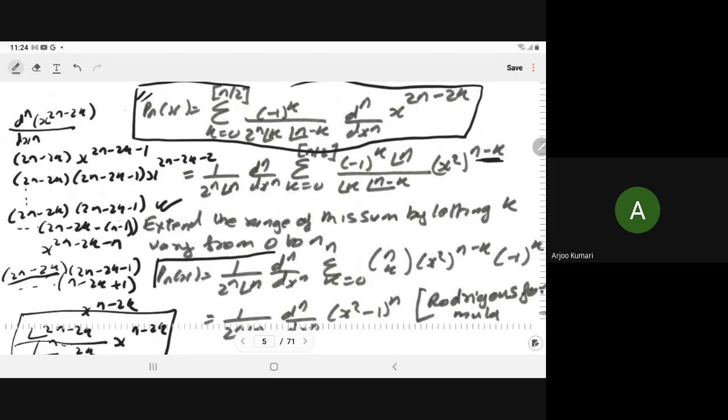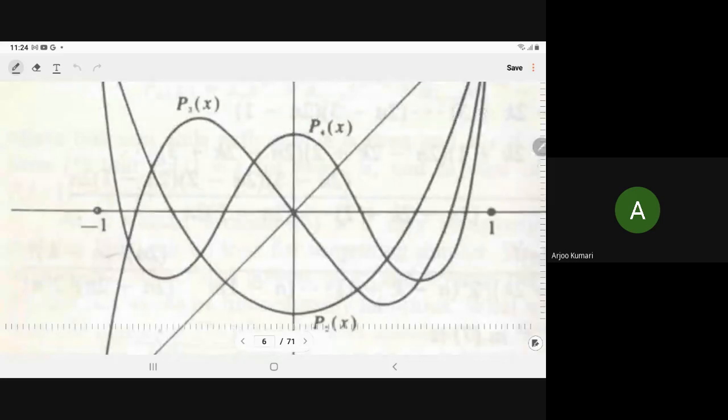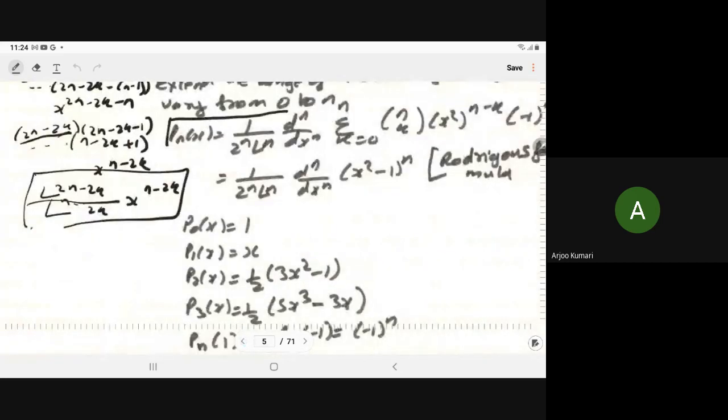nCk. nCk is what? It is factorial n upon factorial k factorial of n minus k, right? nCk or n combination k is equal to n!/(k!(n-k)!).